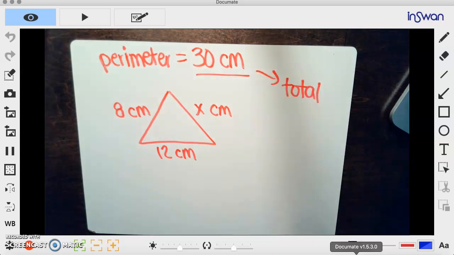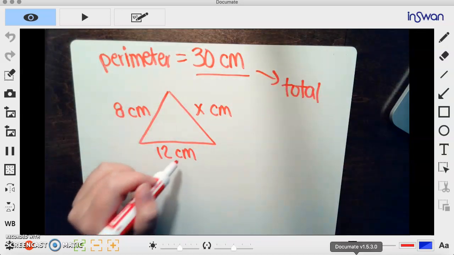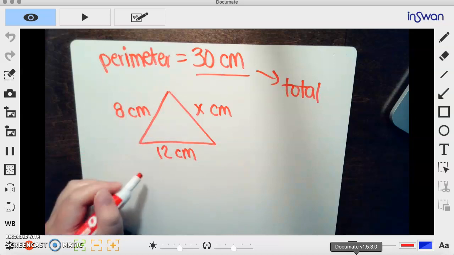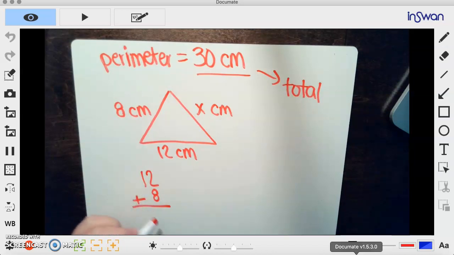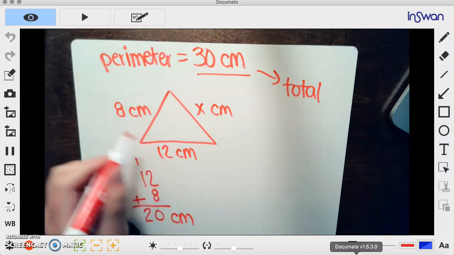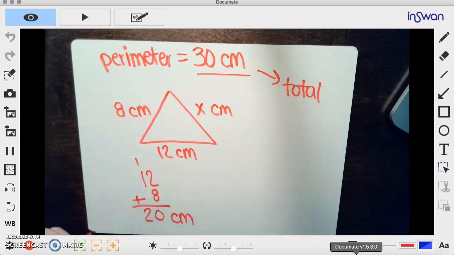So I know that this right here is my total. So I'm going to start with adding together the sides that I do know, which is 12 and 8. So when I add these together, I am going to get 20 centimeters. So I know that these 2 sides are going to give me 20 centimeters.